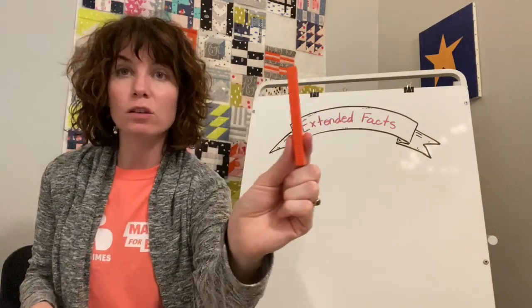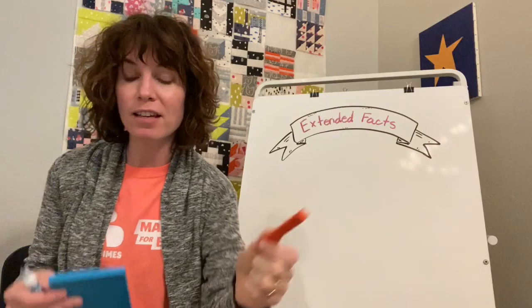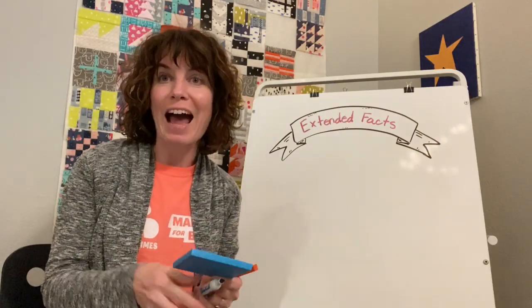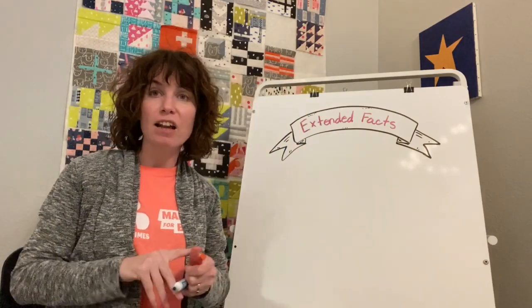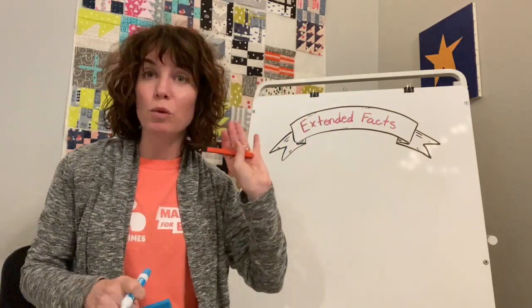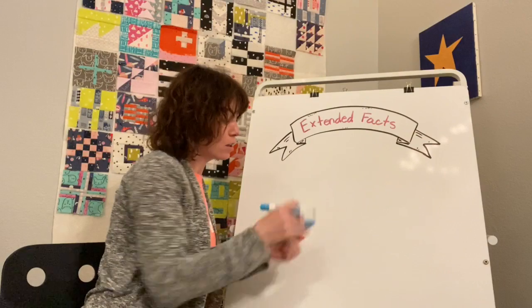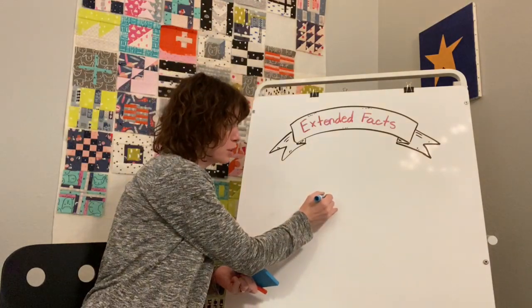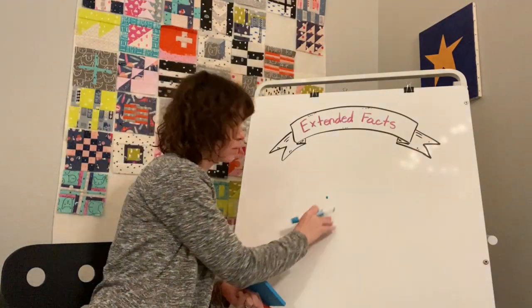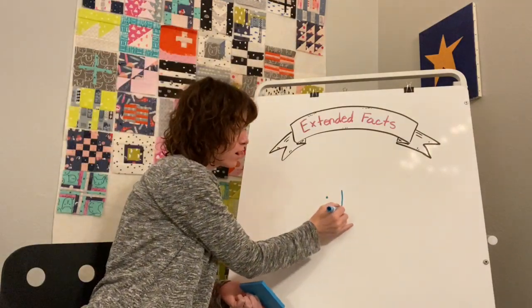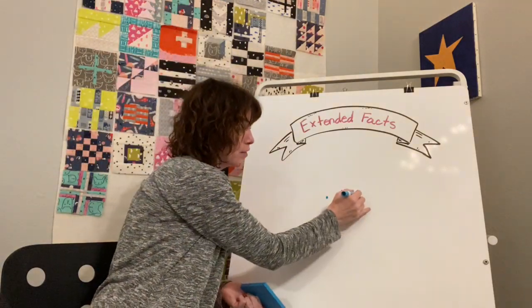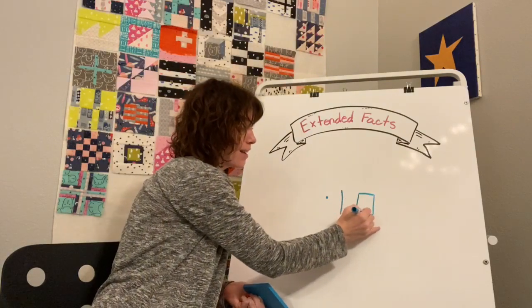We'll be using longs, which are 10, and we will be using flats, which are 100. And if you are wanting to do a written expression of these, the cubes can be written just with a dot, which is hard to see on that video. Longs are a long line, and flats are written as a square.